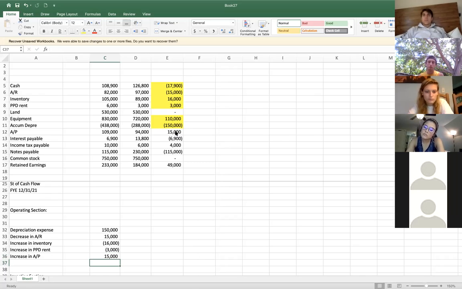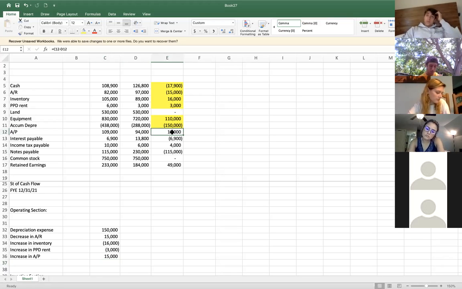So it means that I have more cash on hand. If my accounts payable increased, I did not use money to pay my liabilities because my liabilities are higher. And so I'm going to add it because I have more cash on hand.